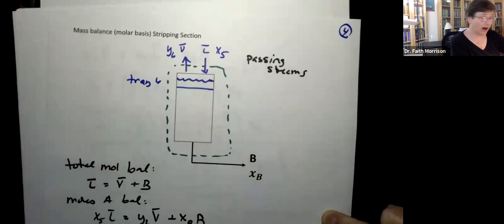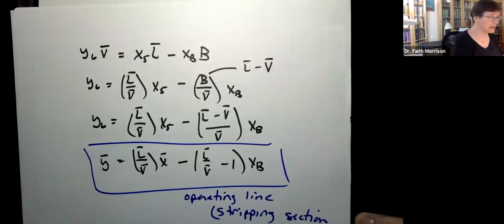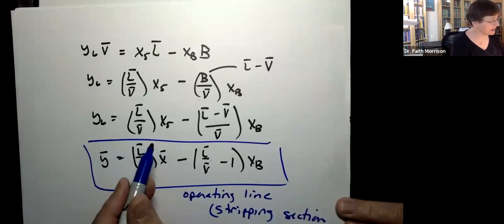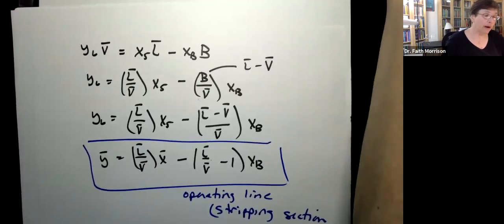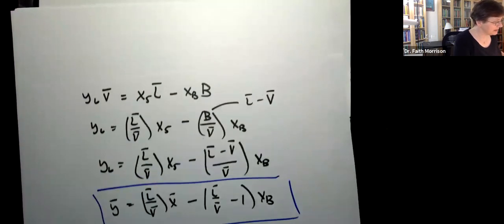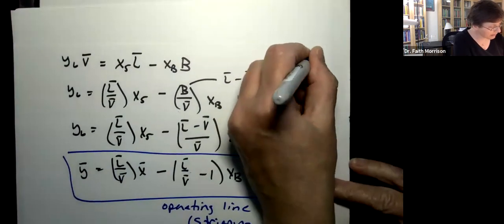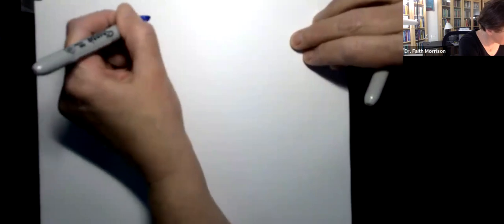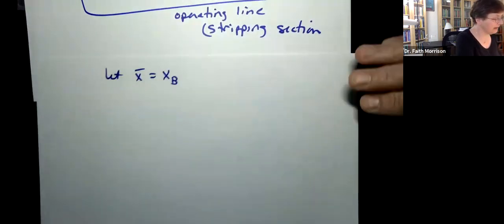And so we don't know what this slope is, just like we didn't know what the slope was for the upper section, but we're heading towards that. But we do know one point. Again, we can ask about the bottoms. Let's see what happens, just like we did last time. Let x equal XB, and let's plug it into the operating line.